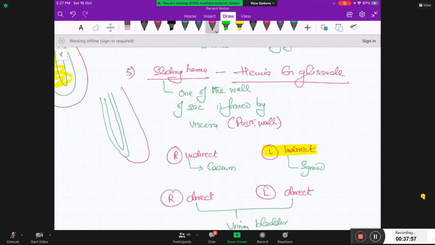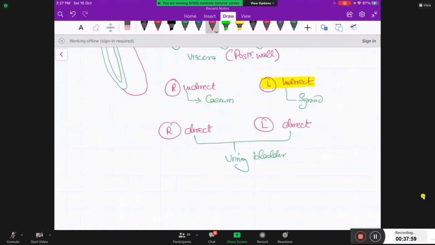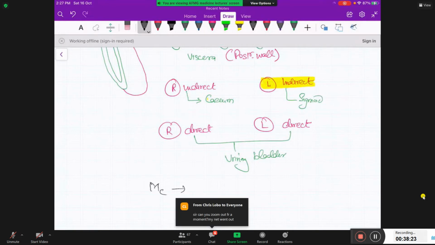Okay. Now, can you tell me what is the most common presentation of any hernia? Tenderness cannot be a presentation. Tenderness is always a sign. किसी को हर्निया हो गया तो आपके पास क्या कह के आएगा?